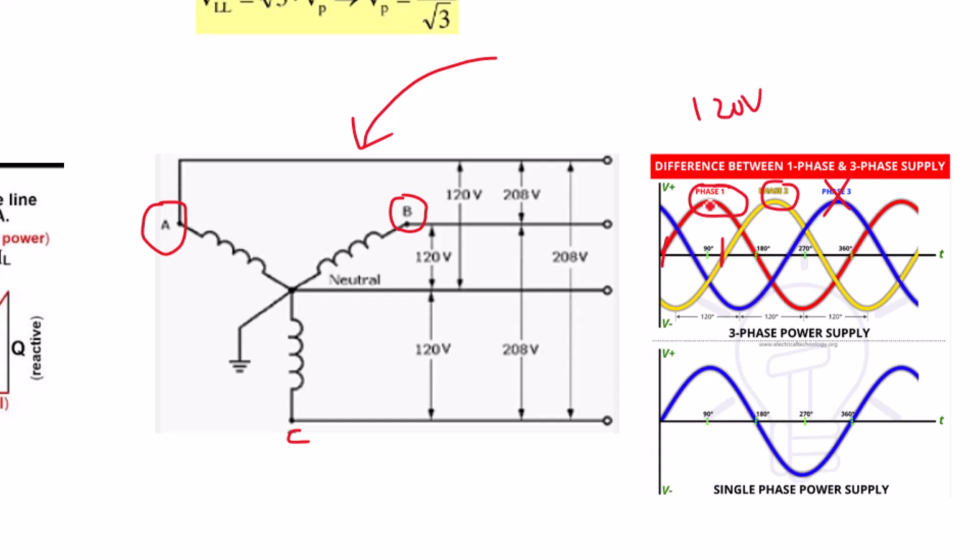And when it's offset, for example, in this picture, if you could just picture two other phases there, let's say the red and the yellow, the difference at the peak will be 208 volts. So when you have two single phase 120 volts alternating together, that's the equivalent of a 208 volt single phase.